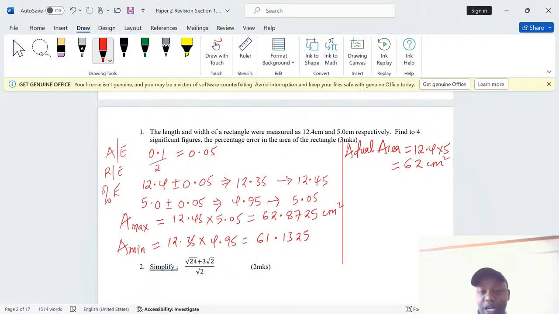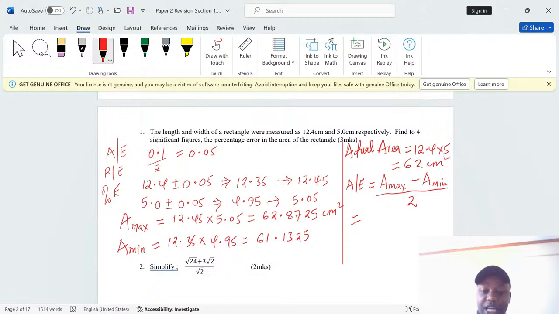So now we can talk about what we call absolute error. Absolute error in the calculation of area is usually given by the average of the difference between area maximum and area minimum. So area maximum minus area minimum, then we divide by 2. That will give us the absolute error in the calculation of the area.